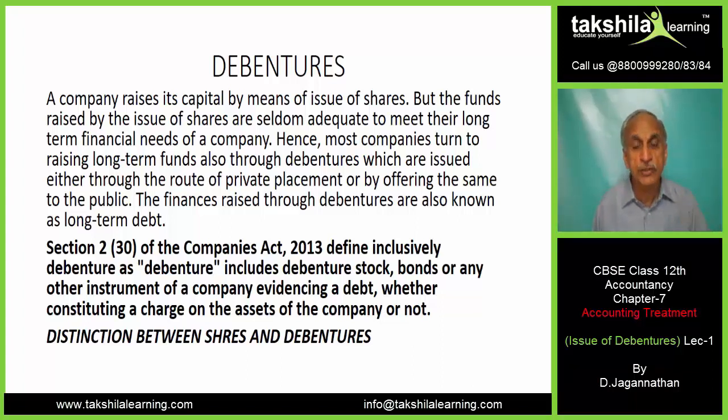Because equity shareholders have contributed equity share capital, the ultimate control of the management is in the hands of the shareholders. What do they do? They appoint directors of the company. Every company shall have a minimum of 2 directors. In the case of a public company, it shall be a minimum of 3 directors.